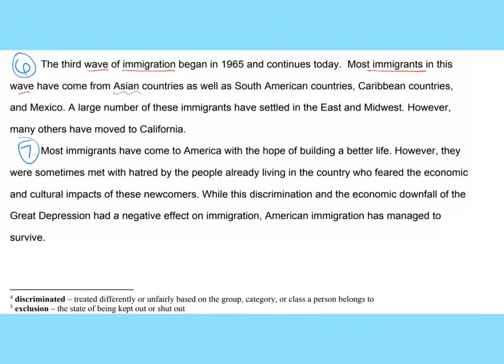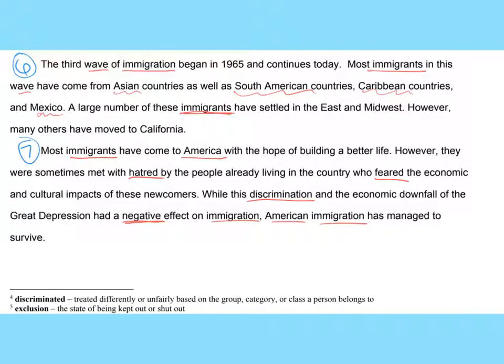Of course, here we have different areas now coming in, which is just interesting to note as it fits into where people are coming from. Right, immigrants again. Paragraph 7. Here, I feel this connects to our related ideas where we have hatred and fear and discrimination. Negative, kind of fitting along.